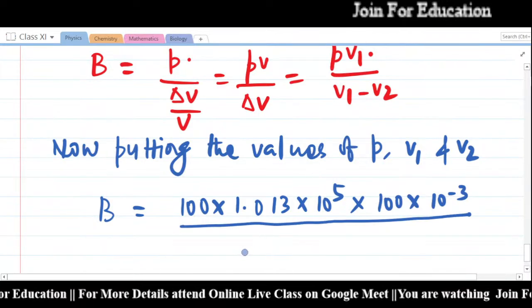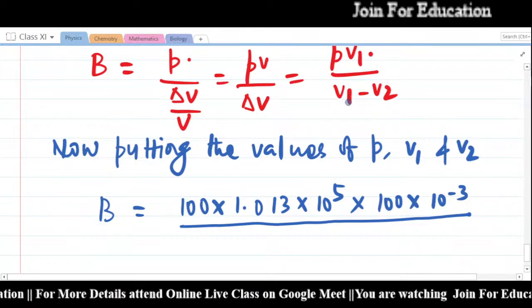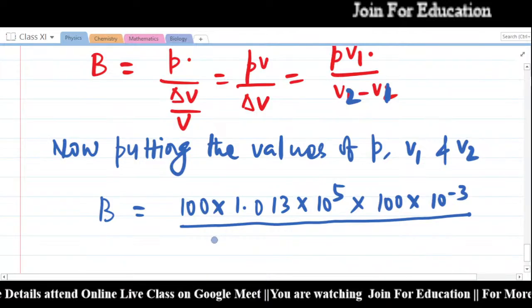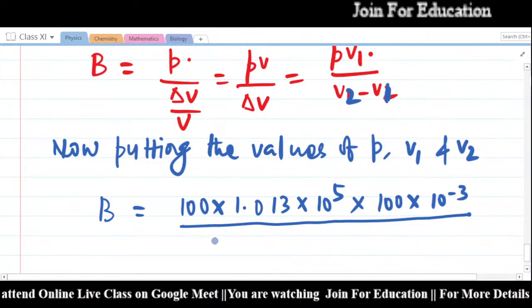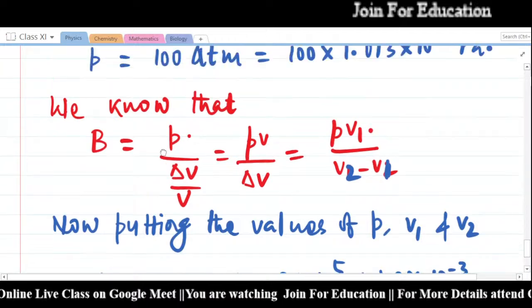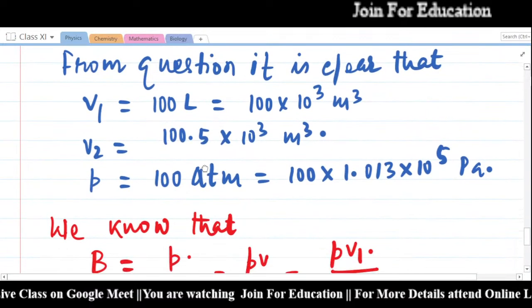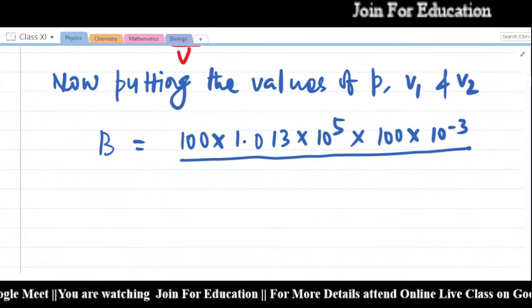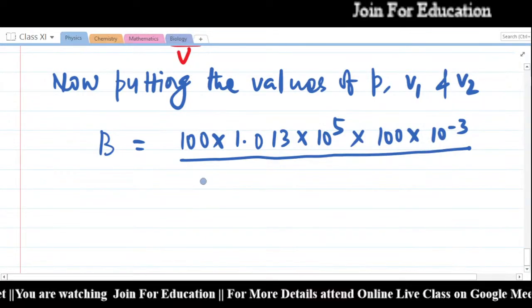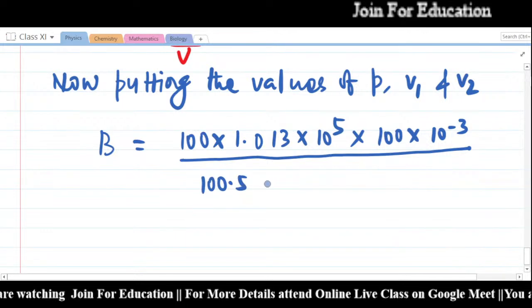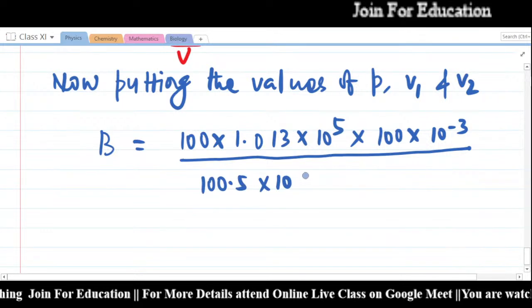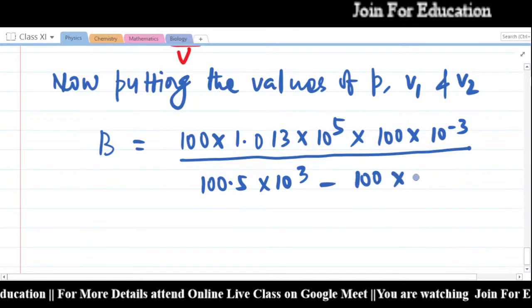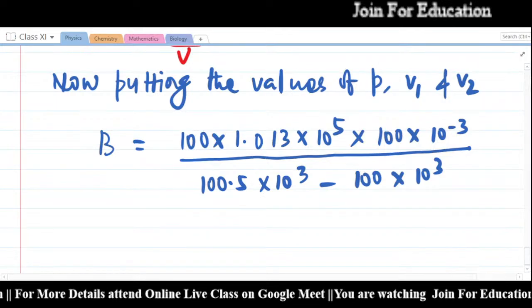The value of V2 is 100.5 into 10 to the power minus 3 minus 100 into 10 to the power minus 3.